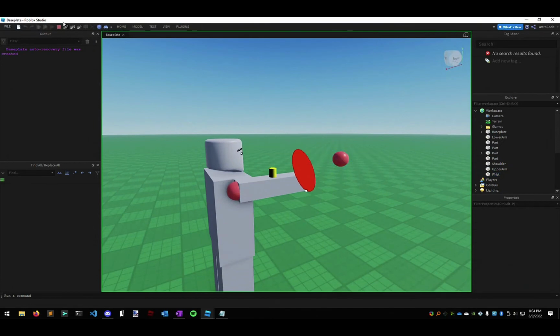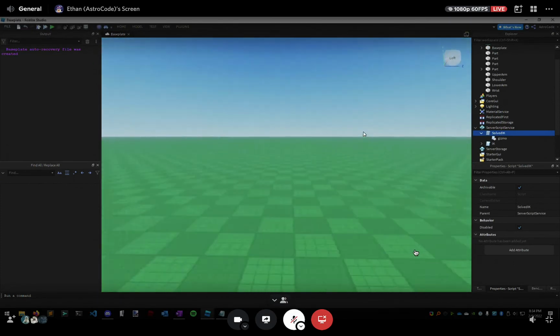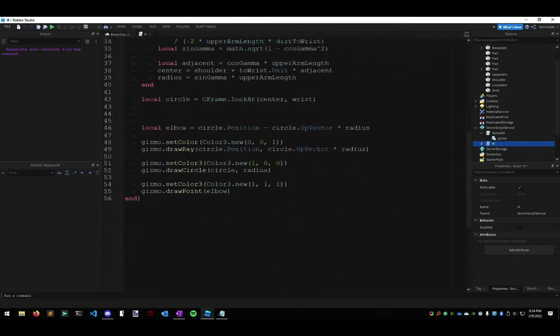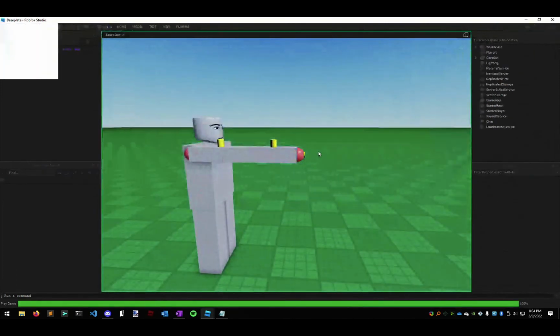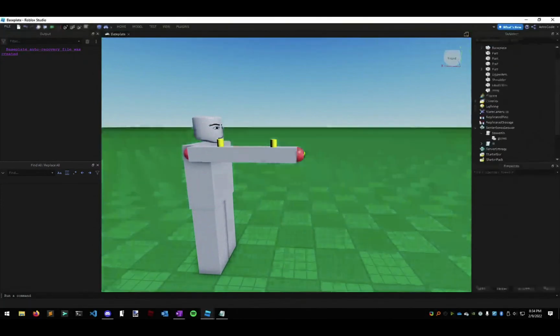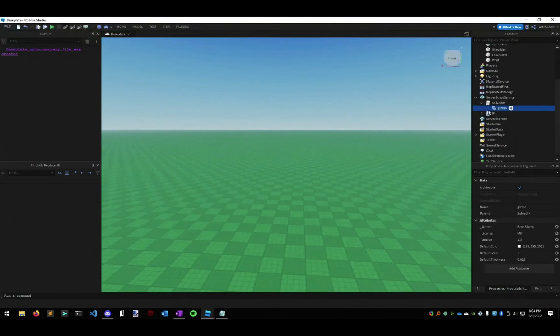Okay, you can't see what I wanted you to see. Where did my code go? Oh, I'm looking at the wrong one. Why didn't that work? You need to add the up vector to the position. Oh, you're right.